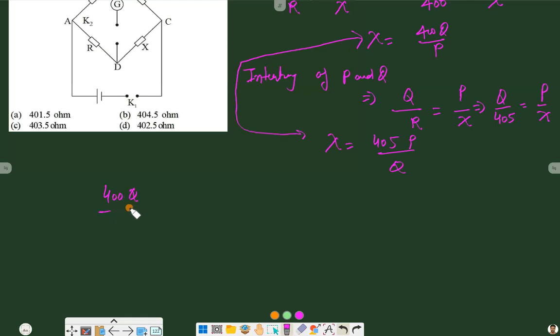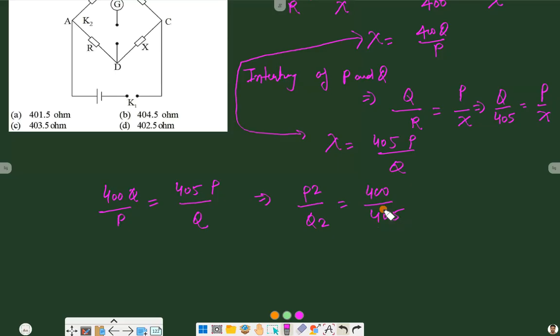Equating both of these, 400 Q by P should be equal to 405 P by Q, and from this we can say P square by Q square is equal to 400 by 405.